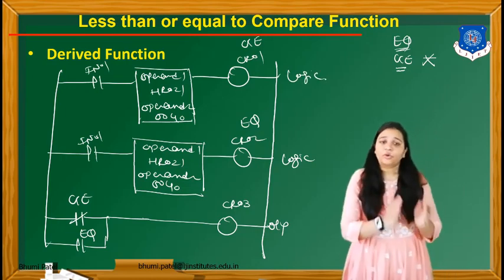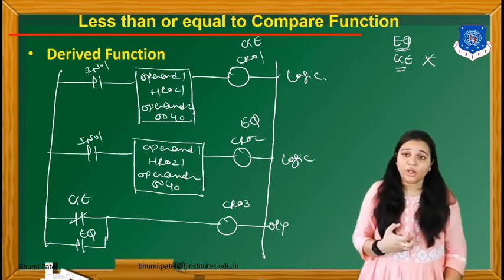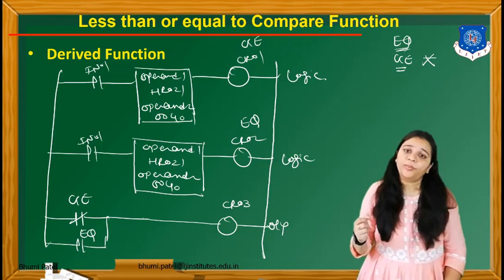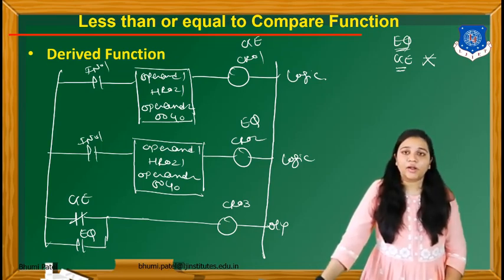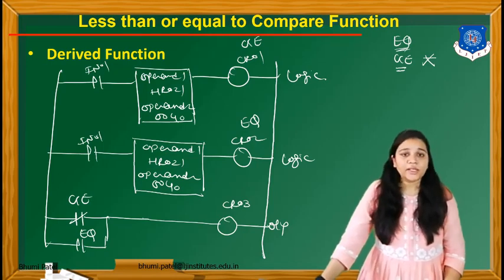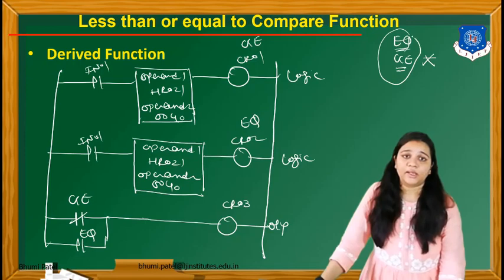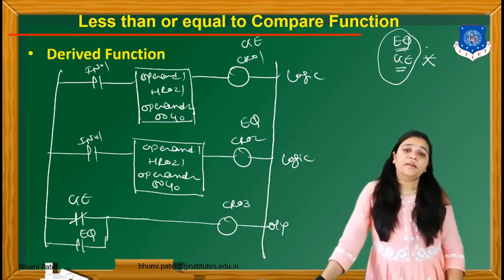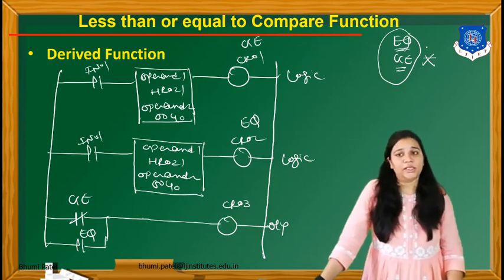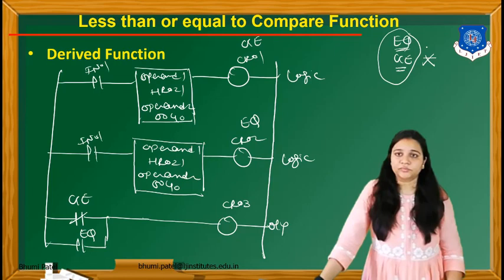So this is my output, and these two rungs are the logic behind this output. If the number is not greater than equal to, but we take the equal portion for this particular operand, then we can easily find the less than or equal to number. Clear? So using the direct functions equal to and greater than, we derive the four other functions generally used in industry or in PLC programs.